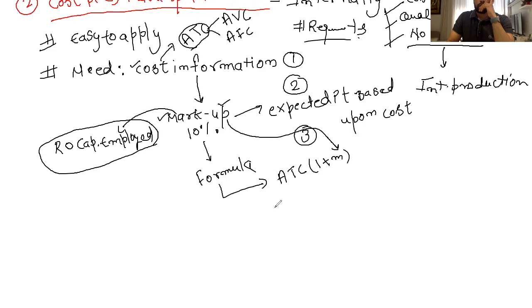M means markup. All right. So let's say my average total cost is $10, right? And let's say my markup is 10%. So 1 plus 10%, which means my price or transfer price will be 10.1.